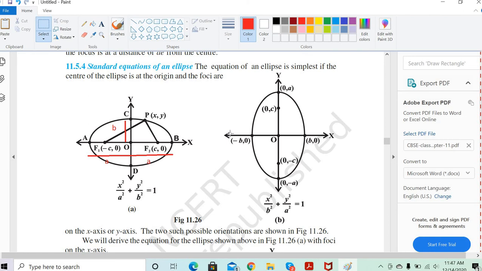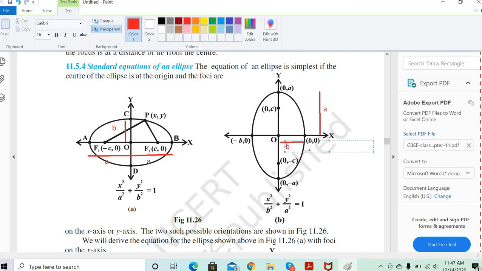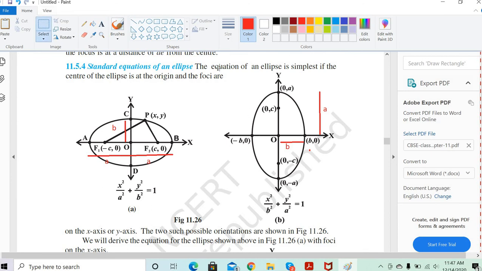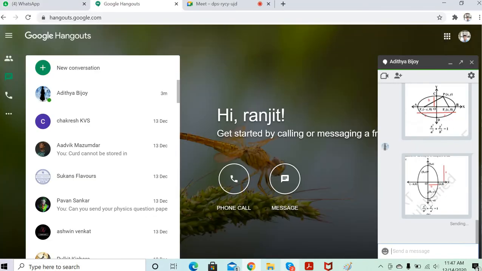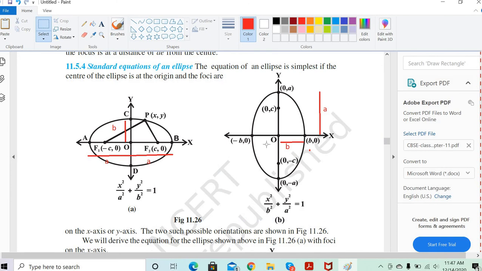Here you see the major axis is on the y-axis, because a is greater than b. In this case, a is greater than b.